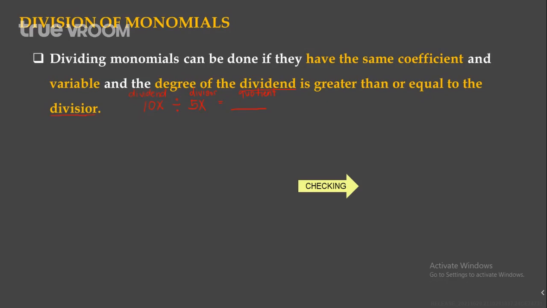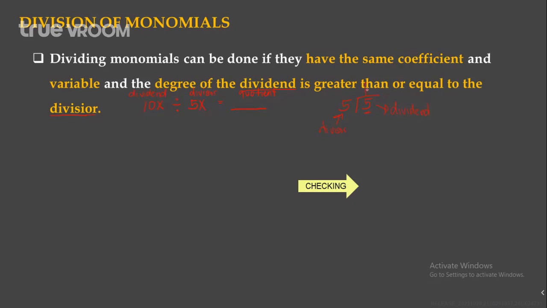When we say dividend, the first number, for example here, 10 divided by 5. The number inside, the number that you are going to divide, this one, is what you call the dividend. The number that you will divide to the dividend is what you call the divisor.